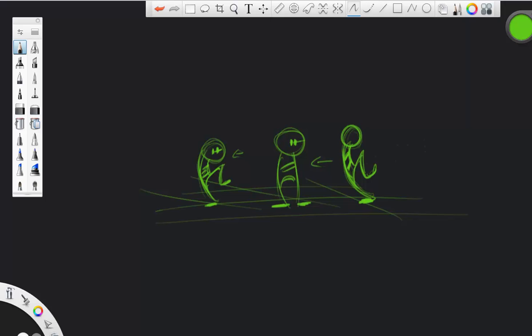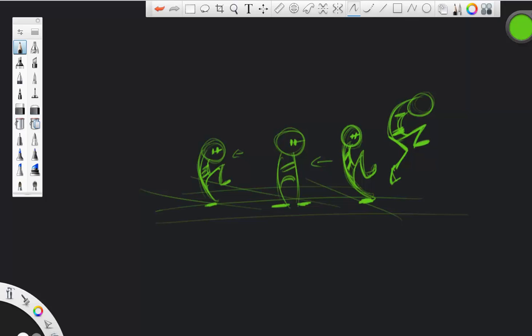So see, it is not that far. And if this guy is in air, then you can have a couple of variations. Obviously, in air, the ground won't matter, but you need to be a little bit above the ground to show that he's in air.